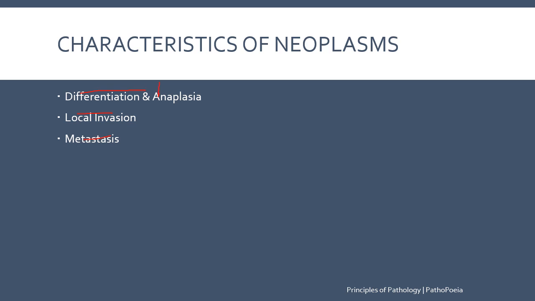Local invasion refers to how much capacity the cancer has to invade its surroundings. For example, these are the cancer cells, these are the surroundings. The tendency to move out over here is called invasion, while the capacity to spread from this location to this location would be metastasis.